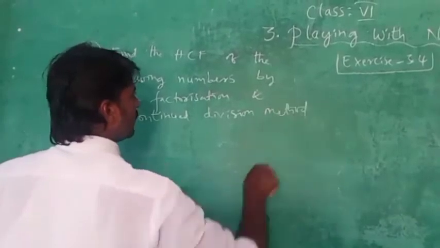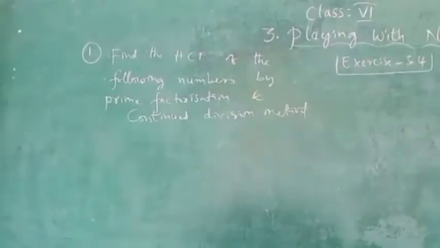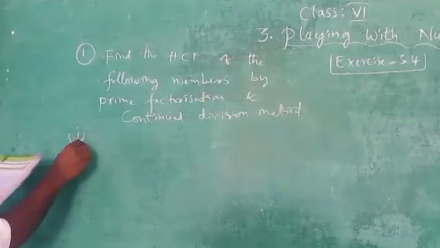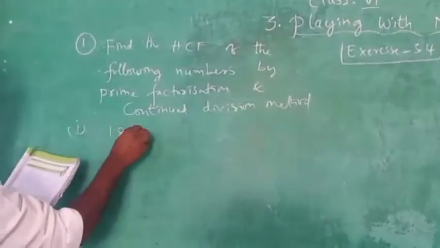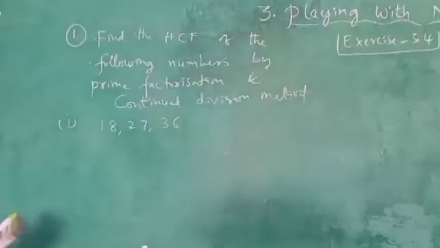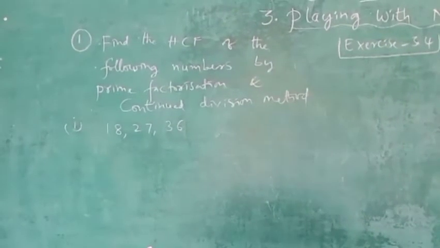First I'll explain the prime factorization method. First question, what is it, children? 18, 27 and 36. These are the numbers given to find the HCF.